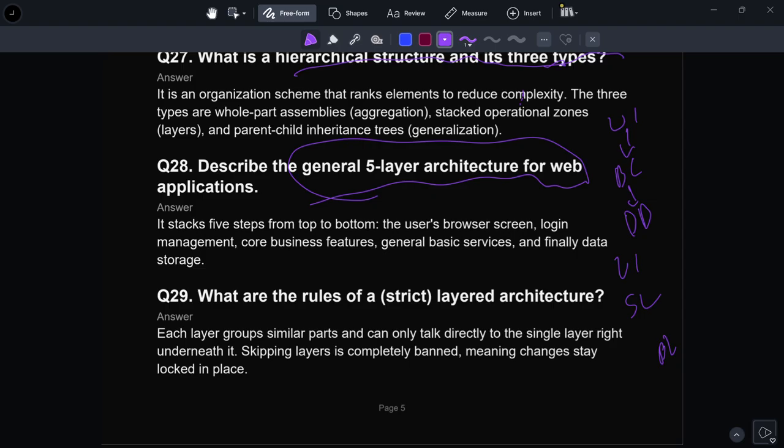Then we have the technical service infrastructure layer, which makes sure that third-party integration and plumbing services are supported. Reusable modules send automated notification emails, handle file compression, or connect external SMS gateways. Then on the bottom we have data access, which communicates directly with physical databases, managing storage schemas and running data queries.